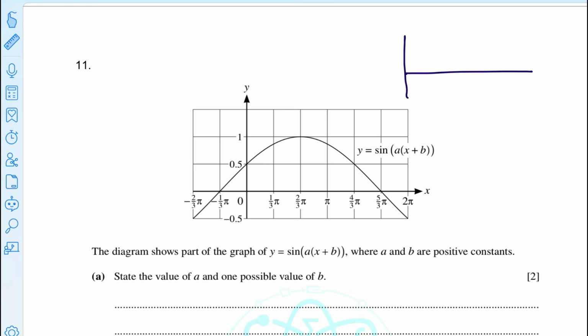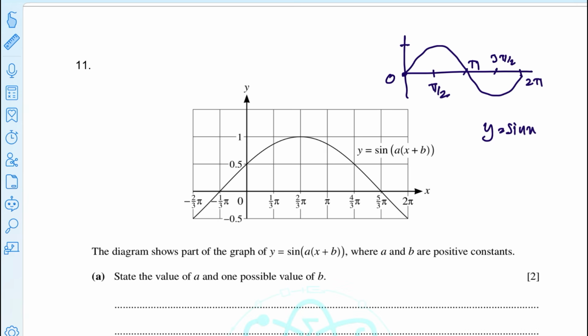If we have a sine curve, this is a question of a sine curve. So if I say y = sin x, this curve looks like this. This is 0, this will be pi/2, this will be pi, this will be 3pi/2, and this is 2pi.